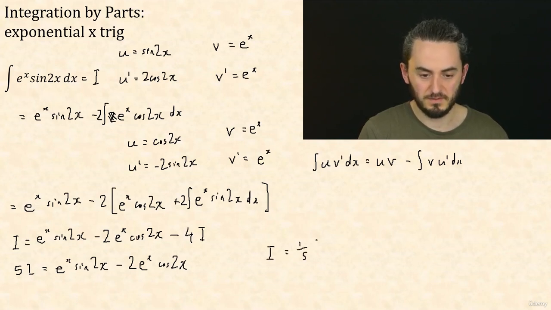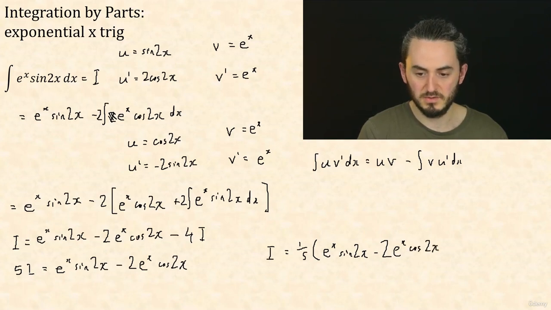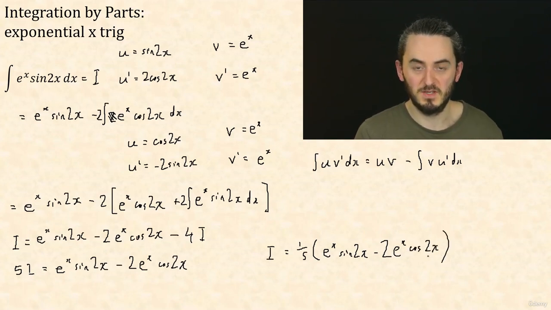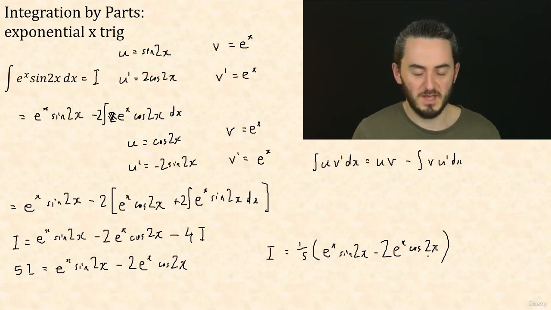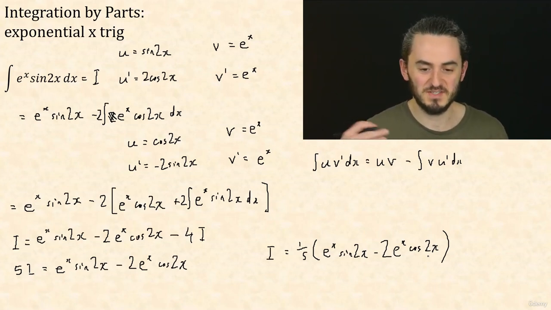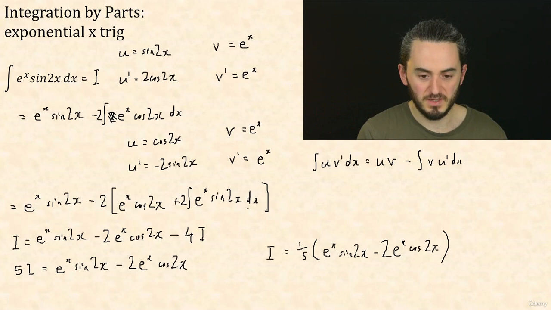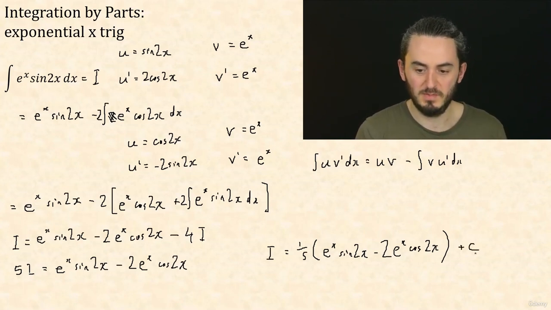I is 1/5 (e to the x sine 2x minus 2 e to the x cos 2x). And we're done. So I think that's like a mathematical magic trick, because it's a process that looks like it's going to be looping on forever, but then we spot the question lurking in our answer. So this bit over here, that was the question, and therefore we could give it a name and we could just solve it algebraically. Very clever stuff. Oh, and let's not forget plus c.